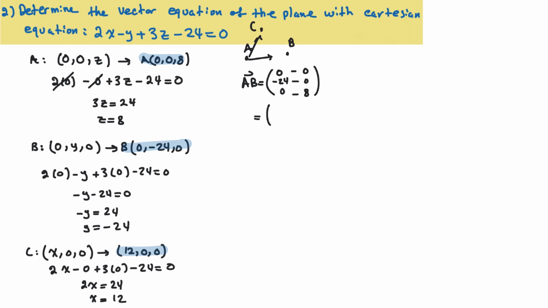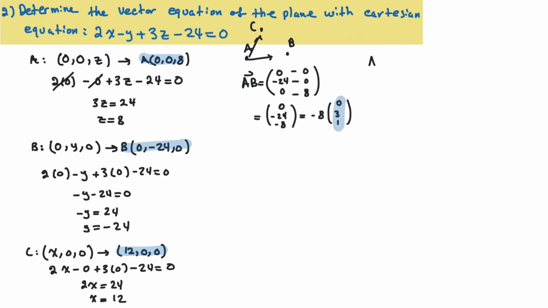I will end up getting 0, negative 24, and negative 8. I can rewrite this as negative 8 times 0, 3, and 1. And since it's a direction vector, I can just use my simplified form here.